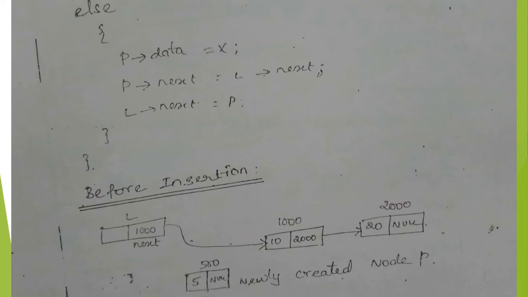Otherwise, value X will be assigned to P's data using P's data is equal to X. Header L's next value will be assigned as P's next value using P's next is equal to L's next. And P will be assigned as L's next value using L's next is equal to P.